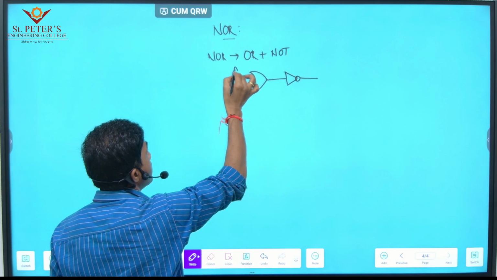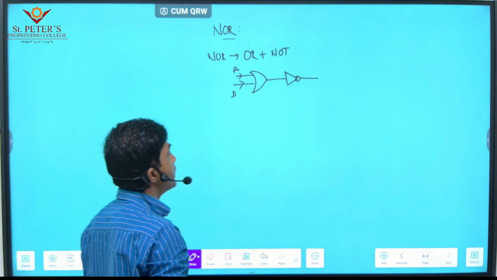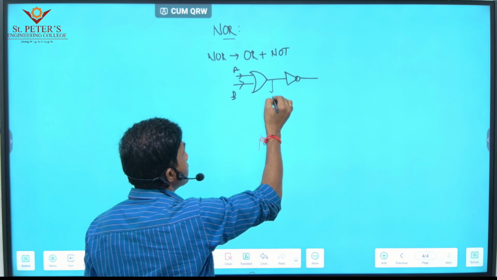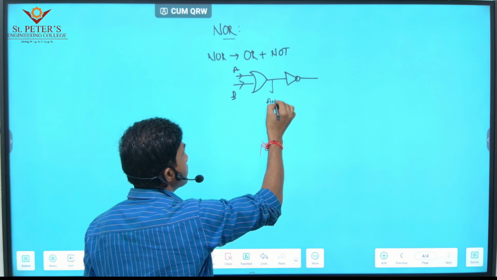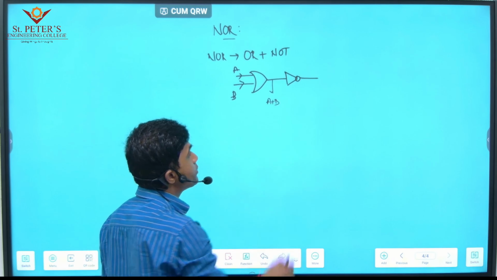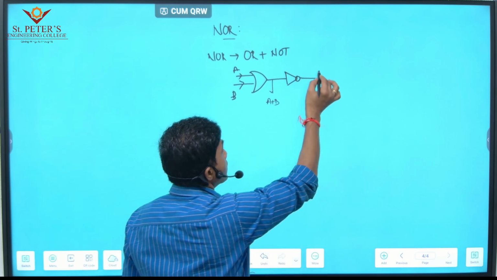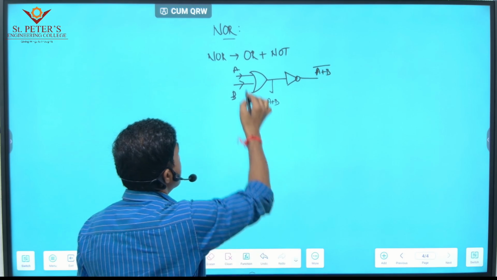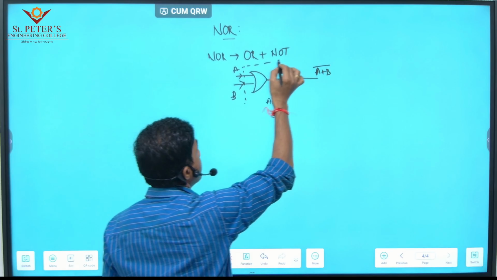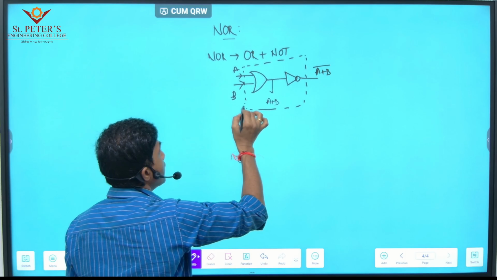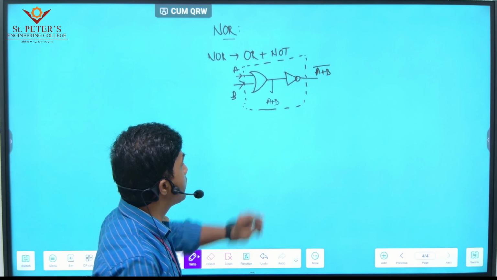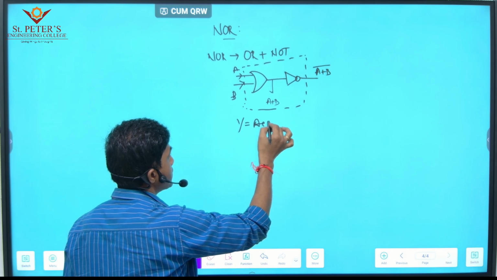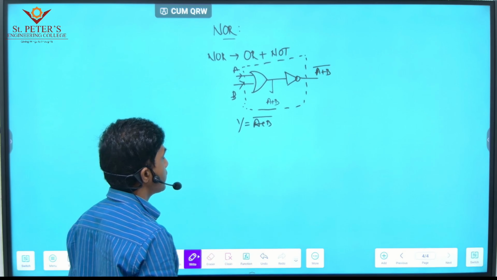This is input A, this is input B. From the OR operation, at this point you are going to get the result A plus B. If A plus B is the input for the NOT gate, the result becomes A plus B whole bar. So if I include this OR gate and NOT gate in one box, A comma B are the inputs, and A plus B whole bar is your output.